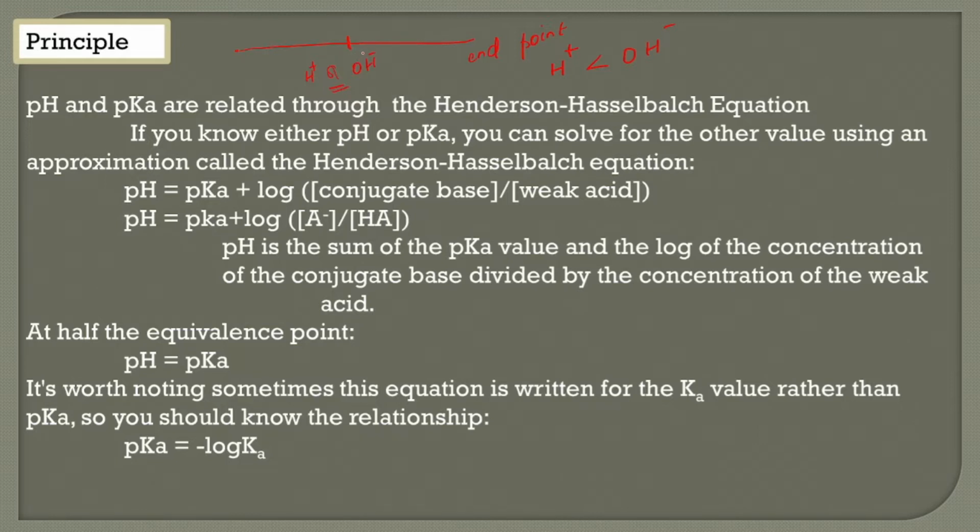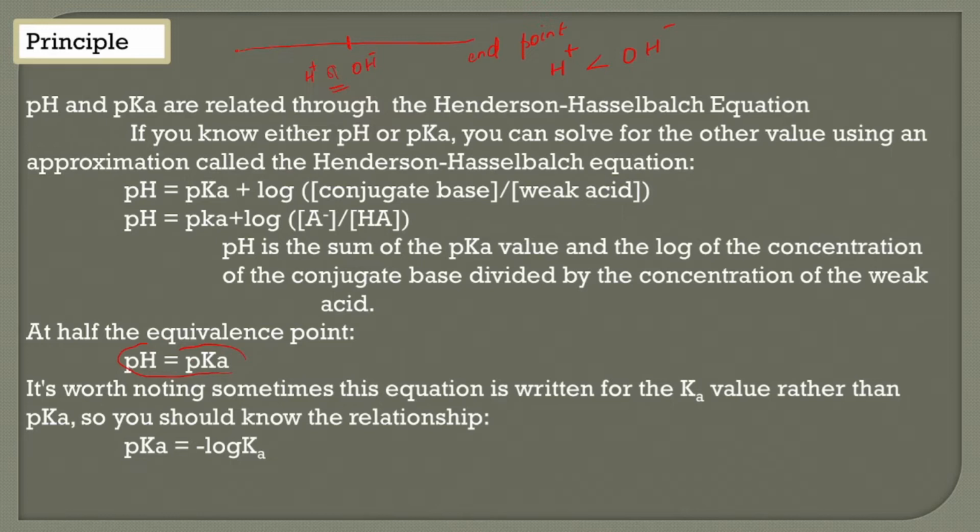Then if we consider this equation, as the numerator and denominator have the same value, we can cancel each other, and then the equation becomes pH is equal to pKa. That means at halfway before the end point, the pH is equal to pKa.